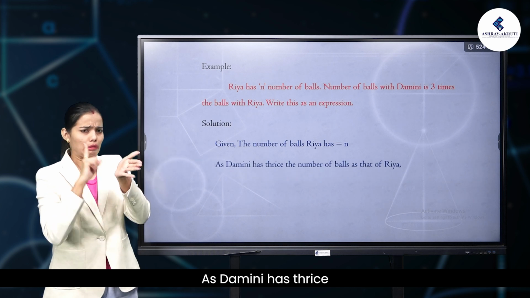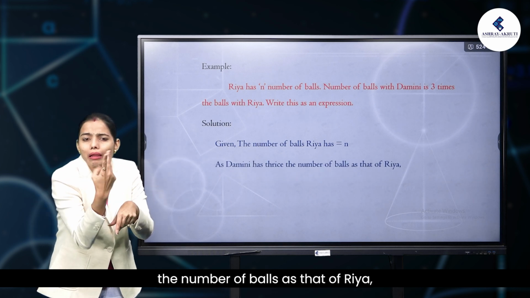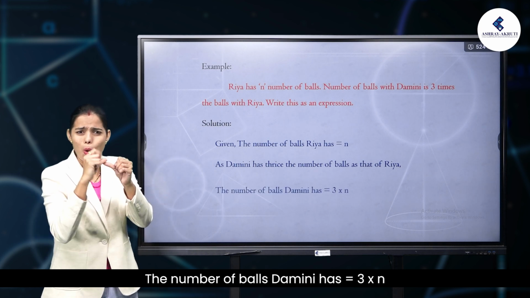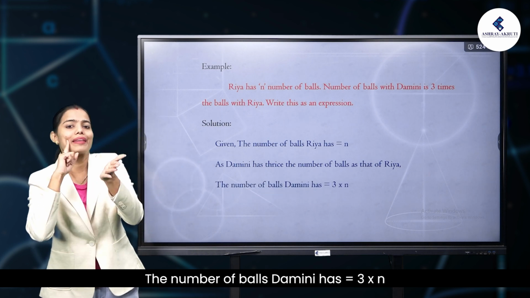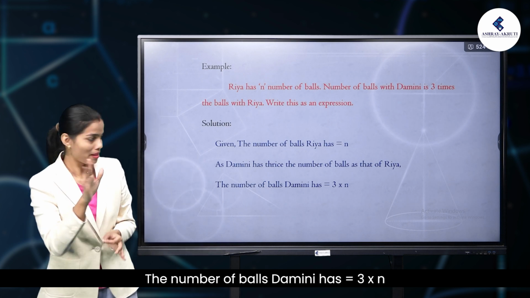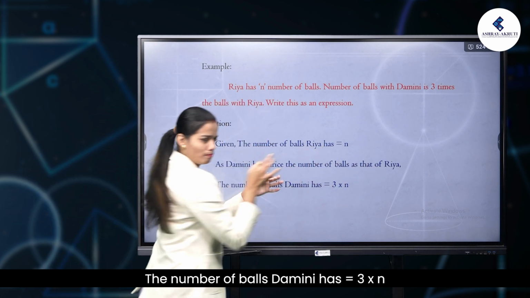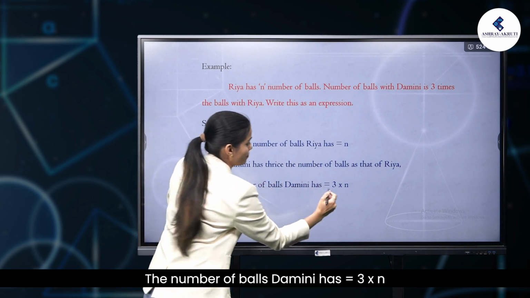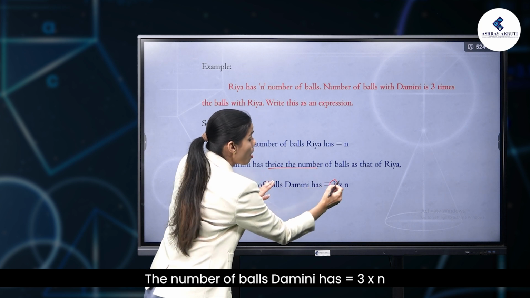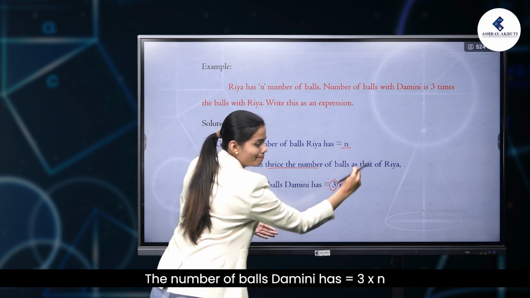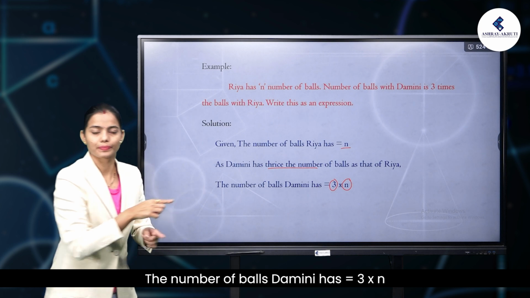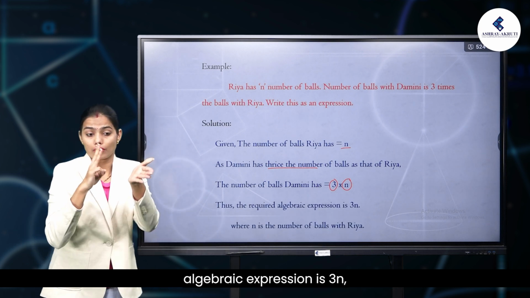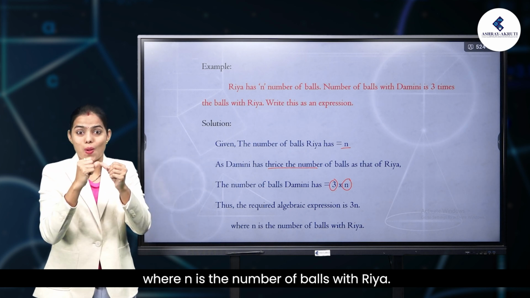As Damini has thrice the number of balls as that of Riya, the number of balls Damini has is equal to 3 into n. Thus, the required algebraic expression is 3n, where n is the number of balls with Riya.